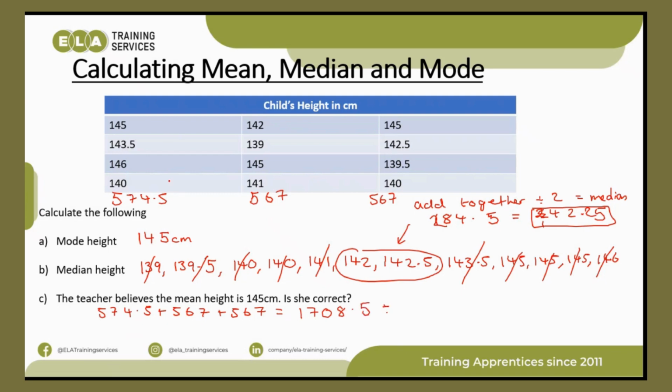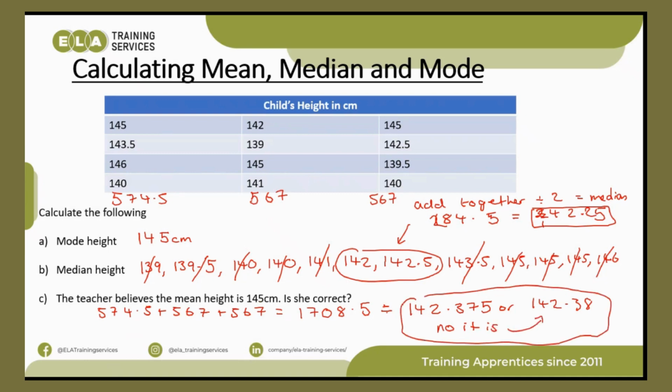So 1, 2, 3, 4, 5, 6, 7, 8, 9, 10, 11, 12, divided by 12 gives us a mean of 142.375 or 142.38. So is the mean height 145? No, it is 142.38. There we go, we've got our answer. So that is calculating mean, median, and mode.